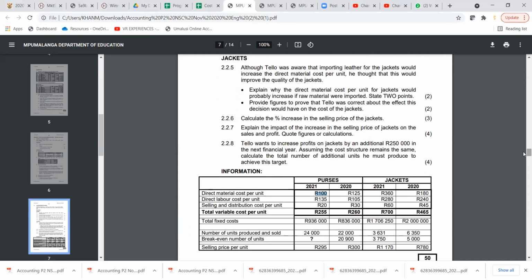Explain why the direct material cost per unit for jackets would probably increase if raw materials were imported. State 2 points.